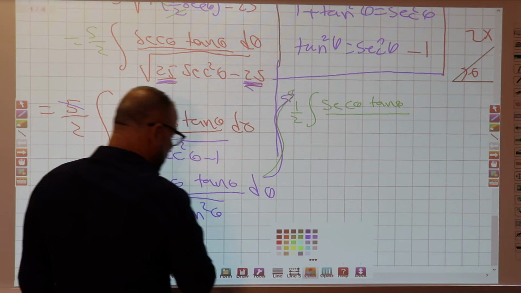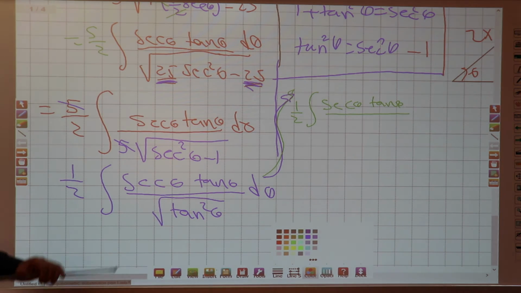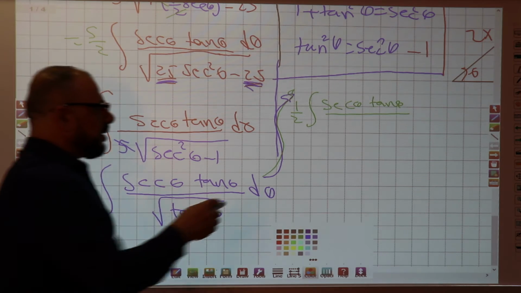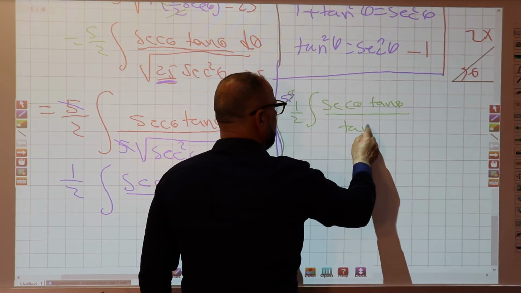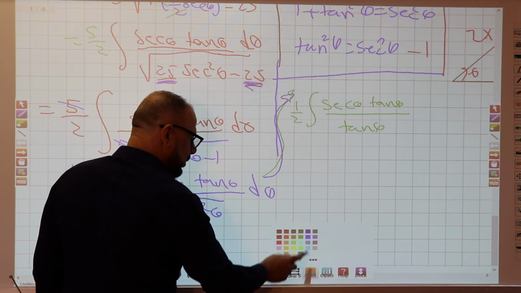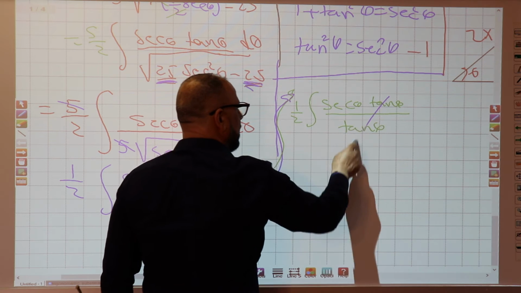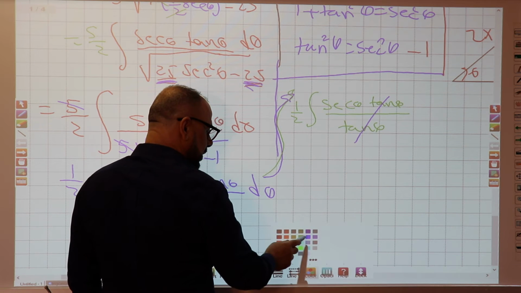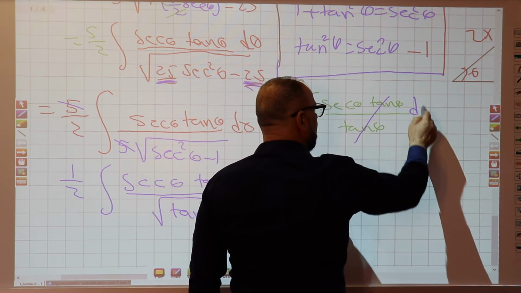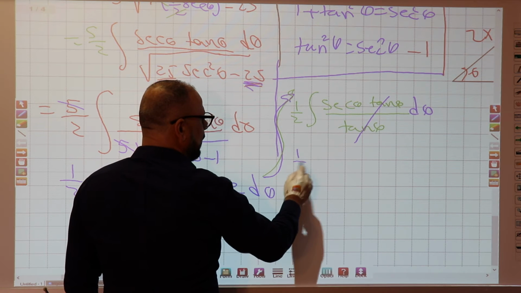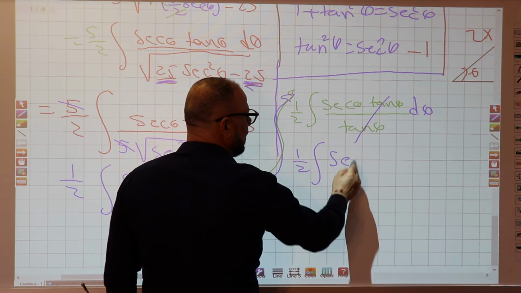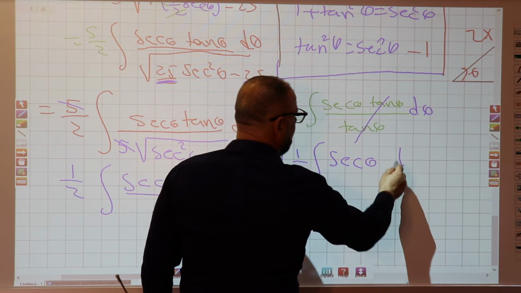Look here, the square root of tan squared theta is tan theta. Now, just cancel tan theta, and here, don't forget that we have d theta. Half the integration of secant theta d theta.